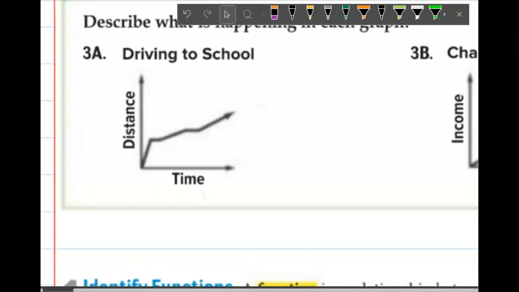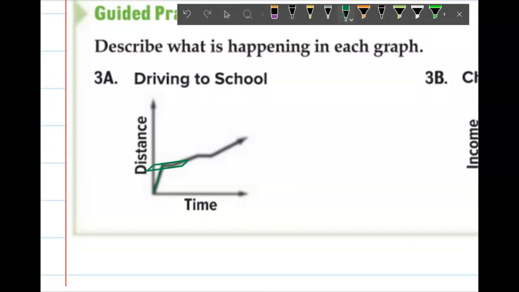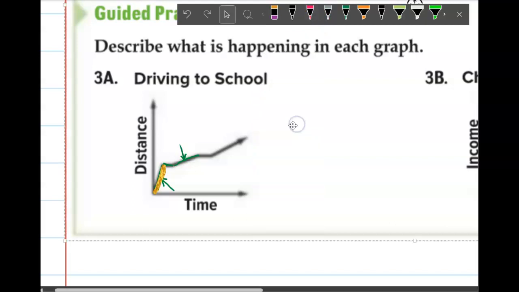On 3A, we're looking at driving to school. Again, the person starts off driving, then they stop. Maybe it's a red light, maybe it's something else, maybe it's traffic. Then they start going a little bit. But one thing we can tell from these two pieces, in fact, I'm going to make them different colors. This original gold piece versus this pink piece right here.